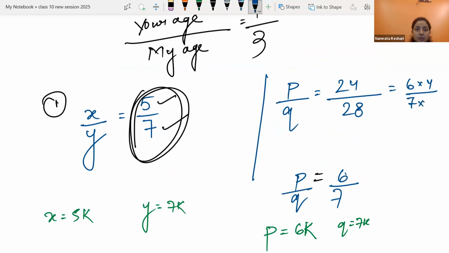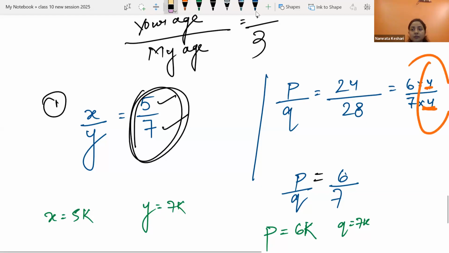That means I have cancelled out the same number from both. Yes or no? Is it making sense, Ritvika? Yes, ma'am. Right. The same 4 which was sitting in the numerator and the 4 in the denominator, in the process of cancellation, we have just cancelled out that 4.